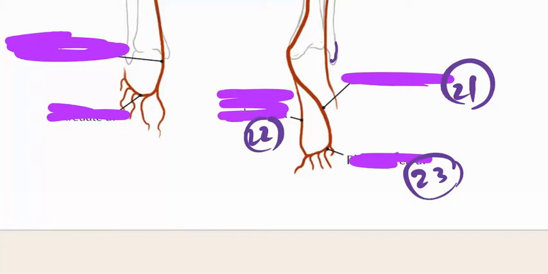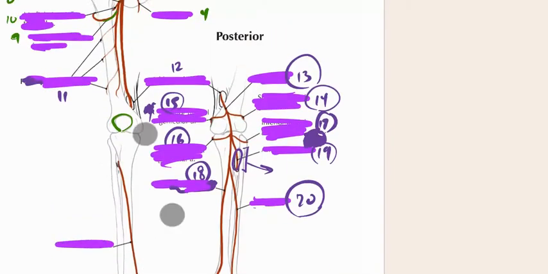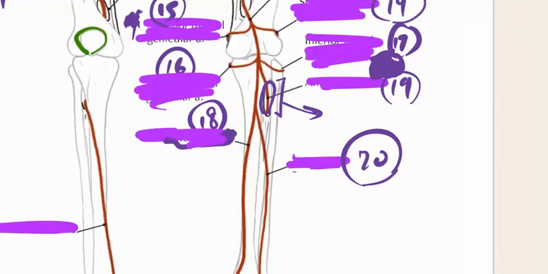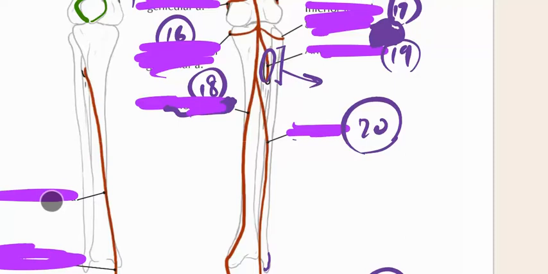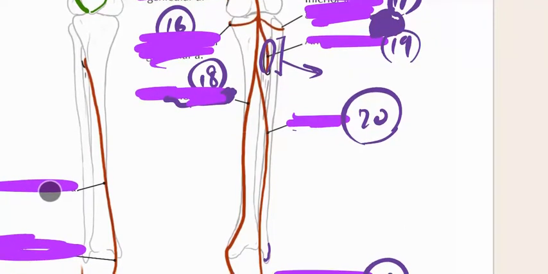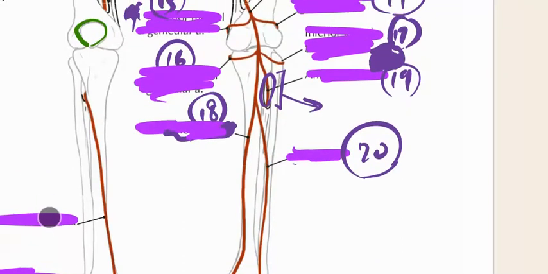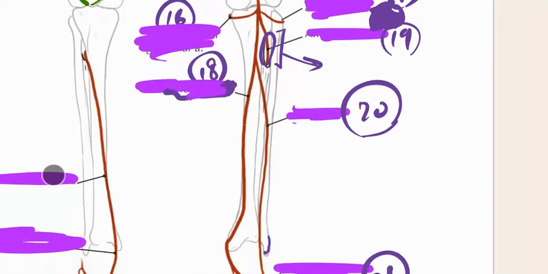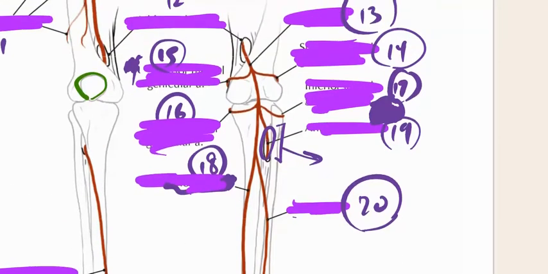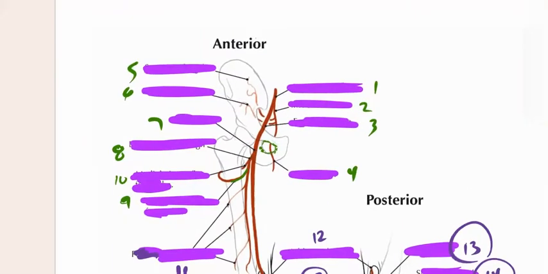Sarah, 22, medial plantar. Okay. Brandon, 18, the posterior tibial artery. Dahlia, 19. 19 is the anterior tibial artery. Okay, terrific.